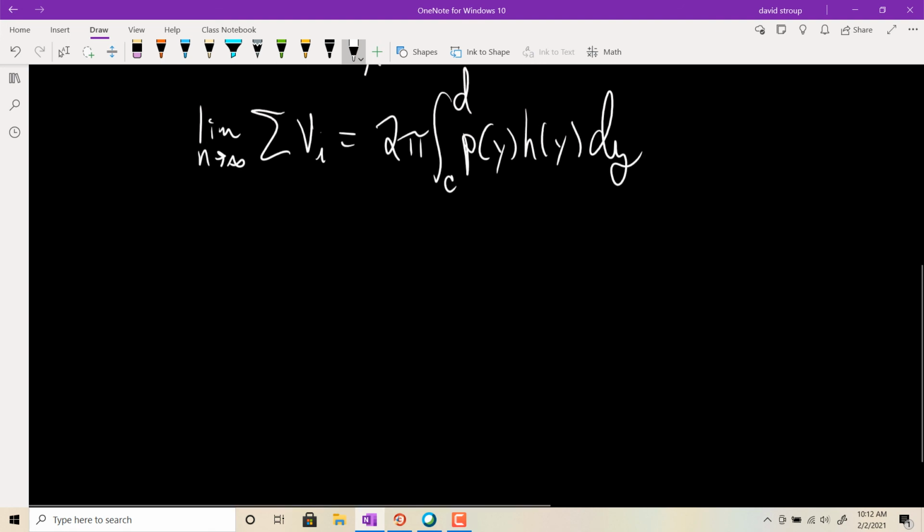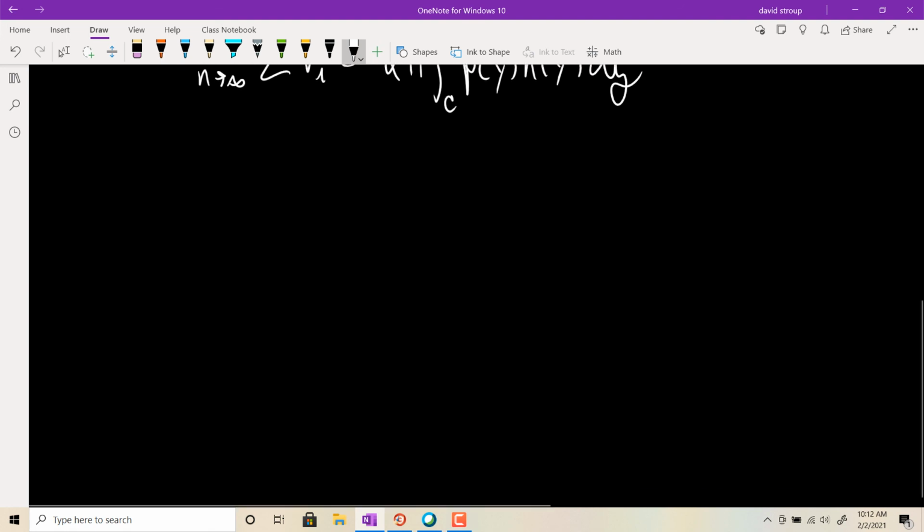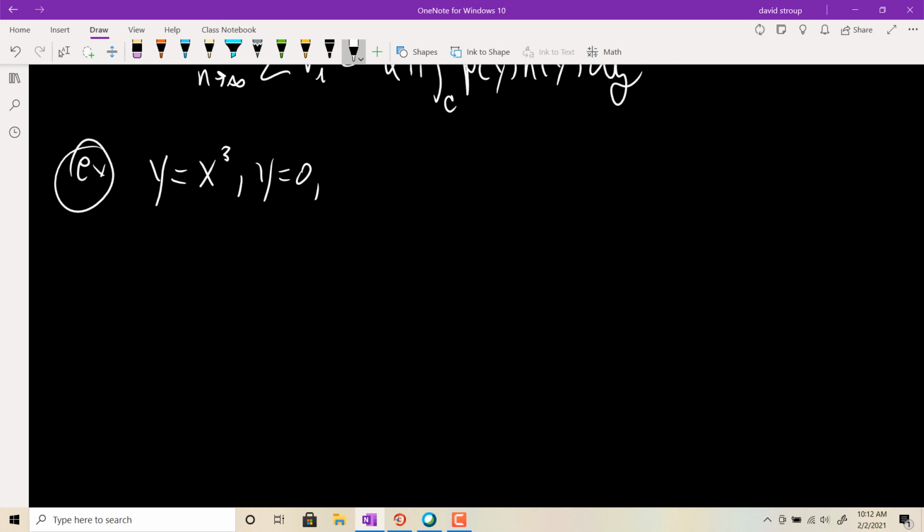So let's take a look at an example here. We want to deal with the region characterized by y equals x cubed, y equals 0, and x equals 2, and we want to revolve it about the x-axis. Okay, so first get a picture.